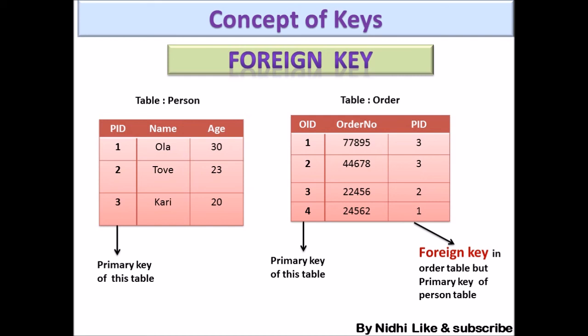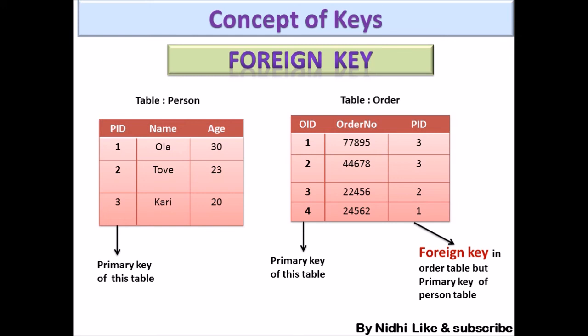So here PID is not a primary key, it behaves as a foreign key, because it is a primary key that belongs to some other table, but here it is behaving as a normal column. So this column is known as a foreign key because it is a primary key of another table.